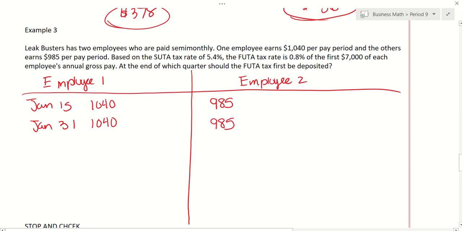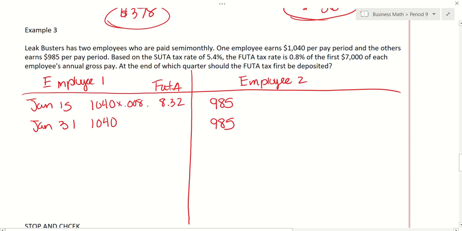Now, the FUTA tax rate is 0.8% every time until you hit the 7,000 annual gross pay. So you must multiply this by 0.008 to get the FUTA of $8.32.